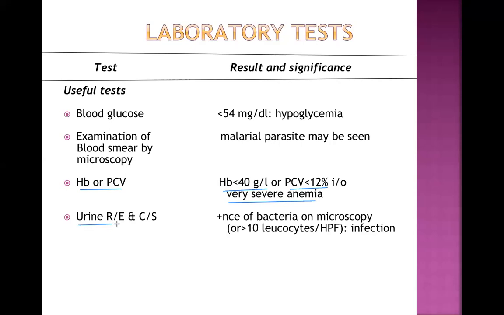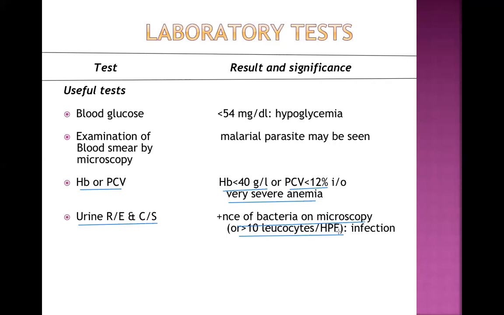Urine, routine examination and culture and sensitivity. You need to be familiar with this short form. RE means routine examination. Now, if there is presence of bacteria on microscopy, and if there are more than 10 leukocytes per high power field, this is suggestive of urinary tract infection.